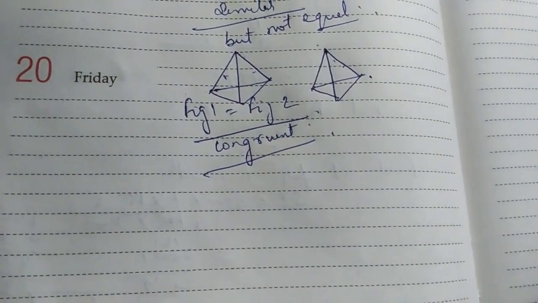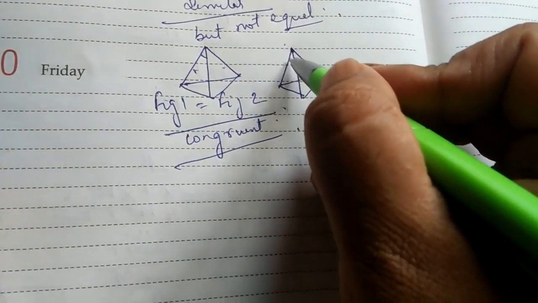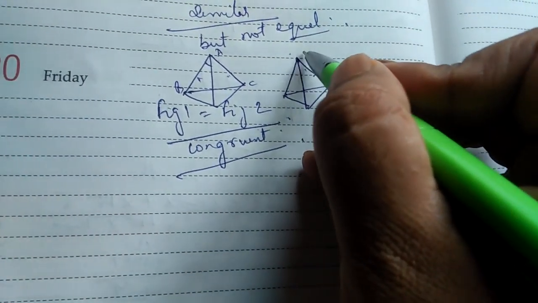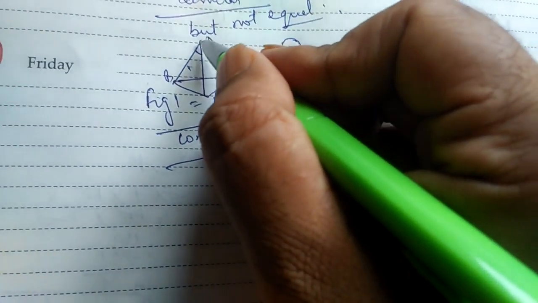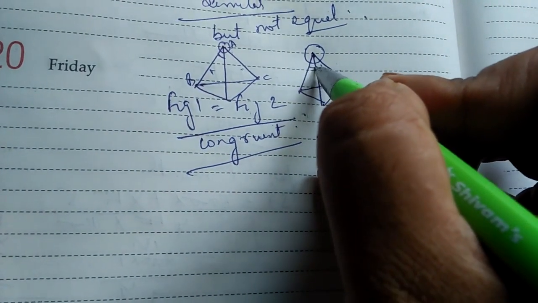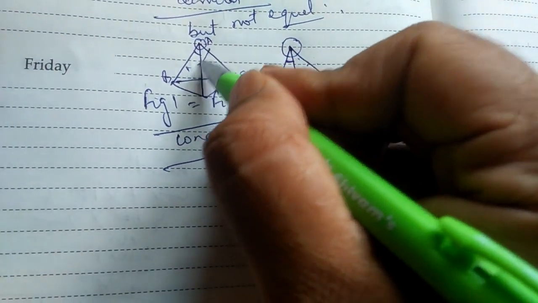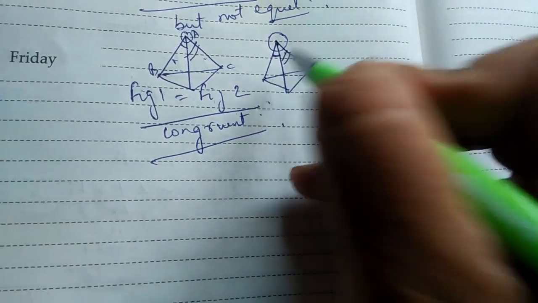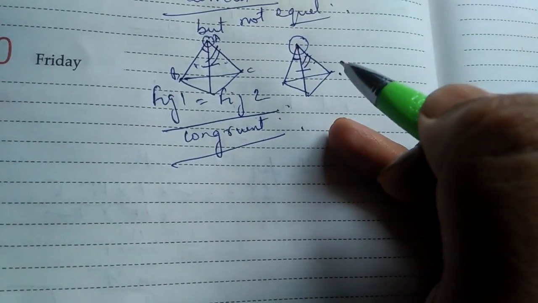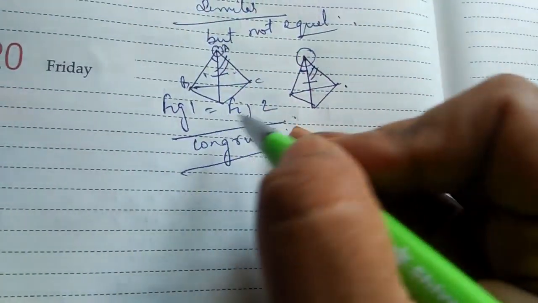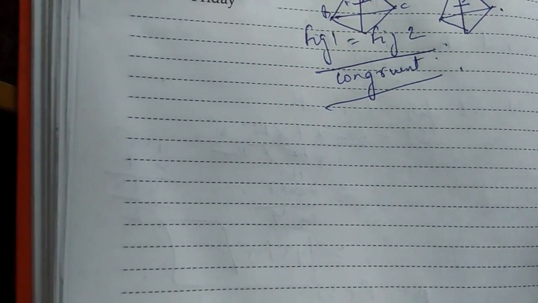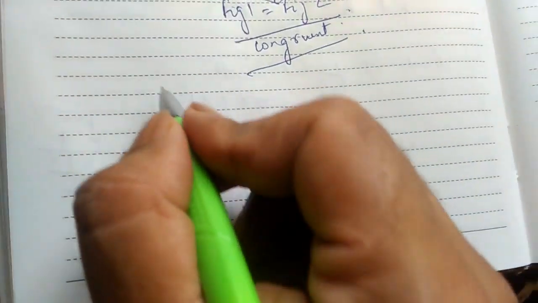That means that if this is the point of congruence, this particular angle is going to be equal to this angle, and the length of this side is going to be equal to the length of this side, and so on and so forth. Now let's say we have line segments.